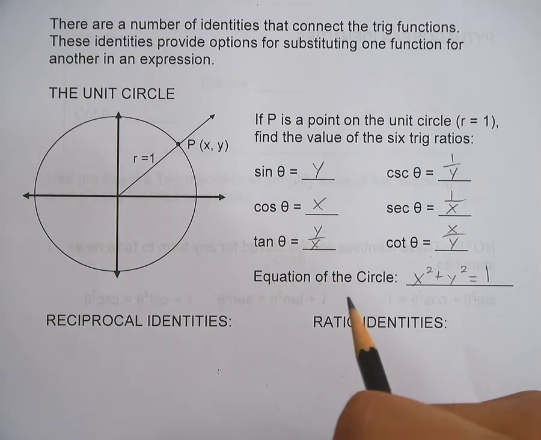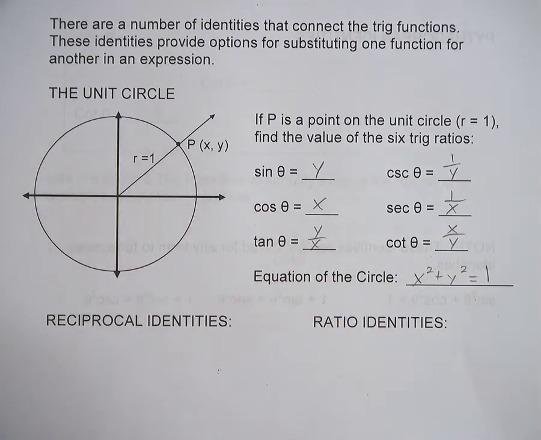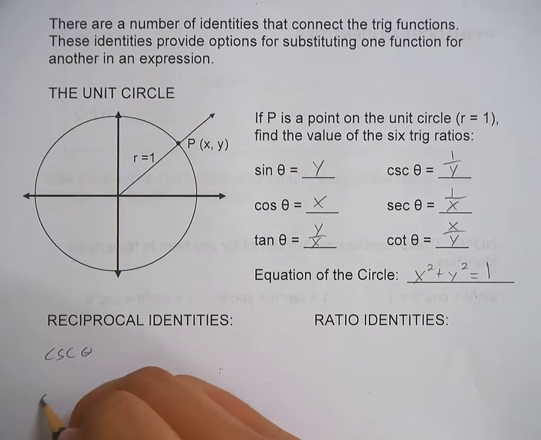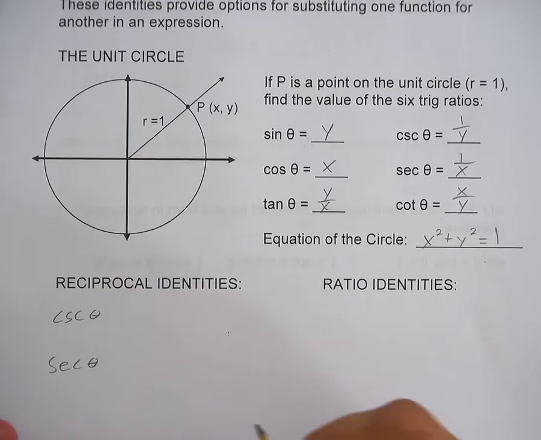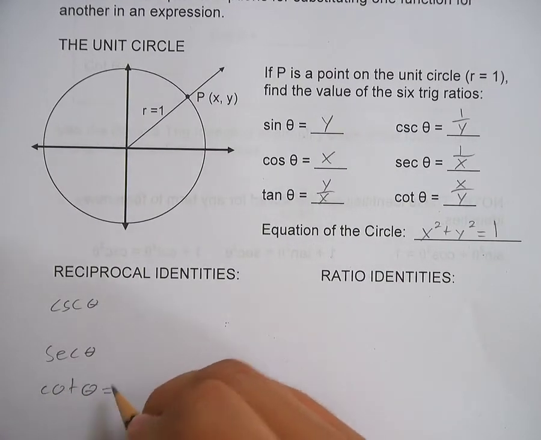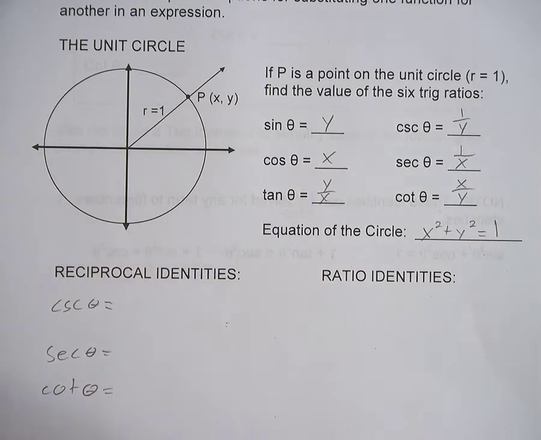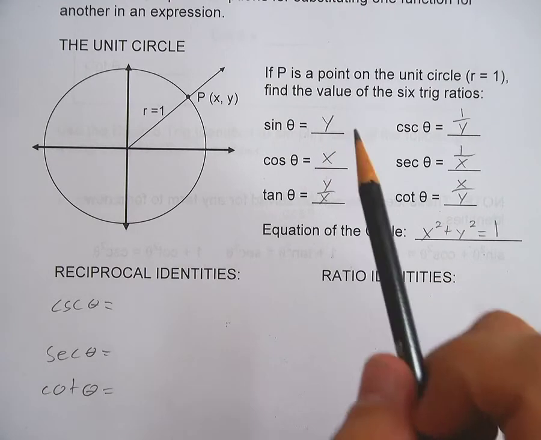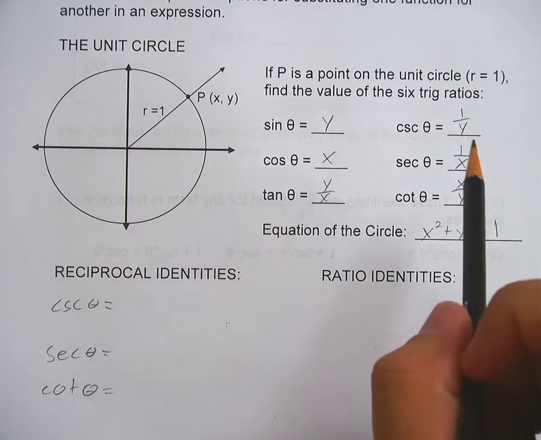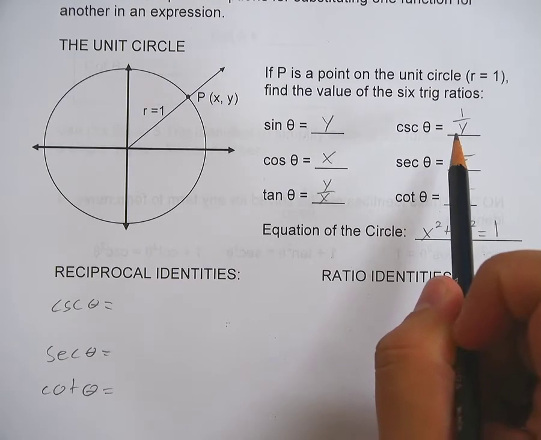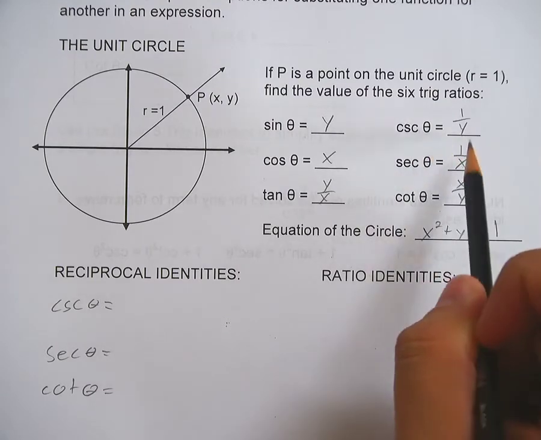So there are some reciprocal identities here that I want to list out. Your reciprocal identities deal with cosecant, secant, and cotangent. I want you to think about this. If I say that sine is y, then for cosecant, couldn't I plug sine in for this y value and say that cosecant is the reciprocal of sine?